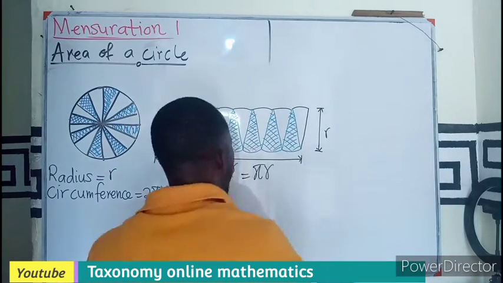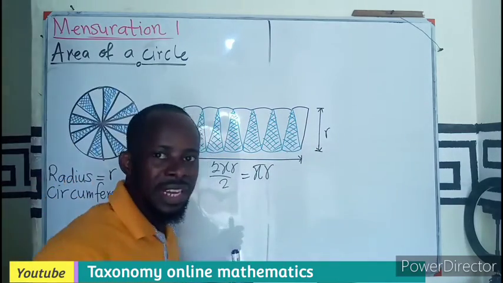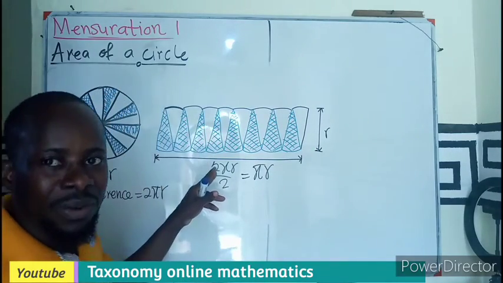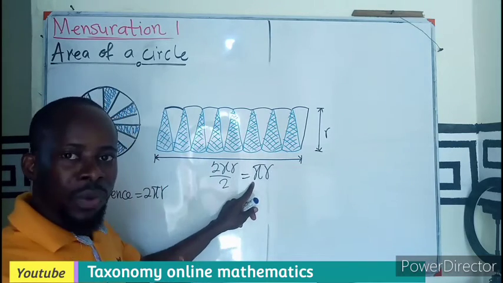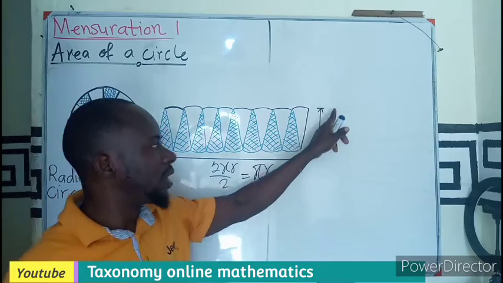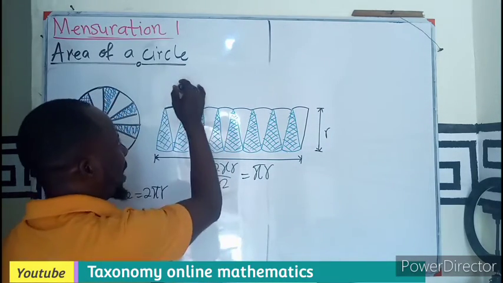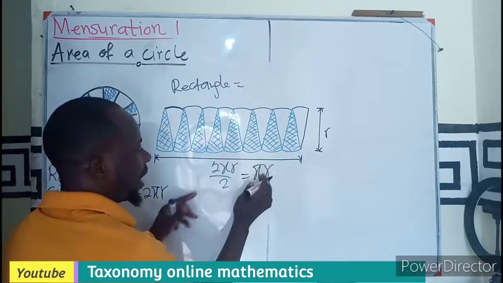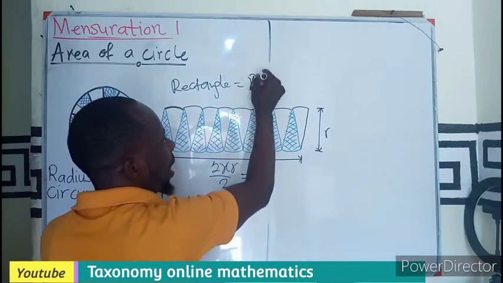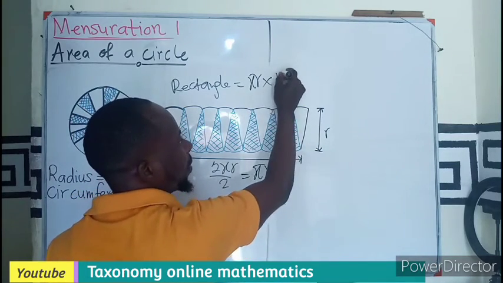Alright. So if I ignore this diagram and concentrate on this, I will say that this is a rectangle. And the area of a rectangle is the length, which is the longer side, times the breadth, the shorter side. So from here, as a rectangle, I will say length, pi r, times the breadth, r.